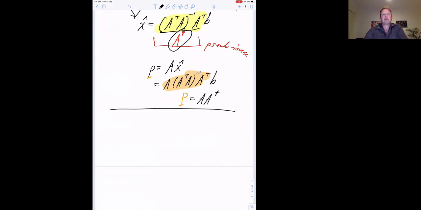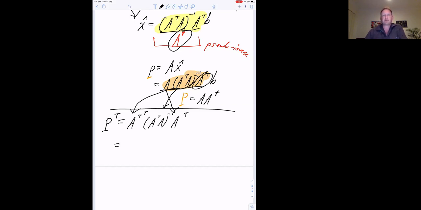First of all, let's see what P transposed is. I take A transposed transposed to the leftmost side, and then for the Gram matrix A transposed A, I take the inverse transposed.